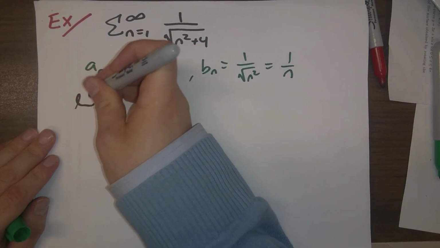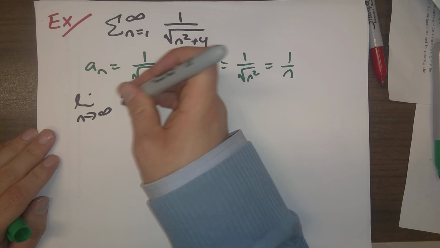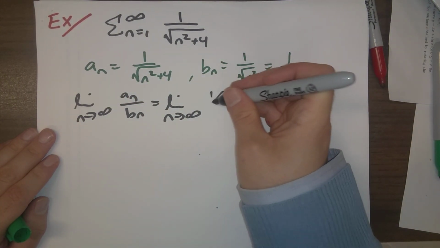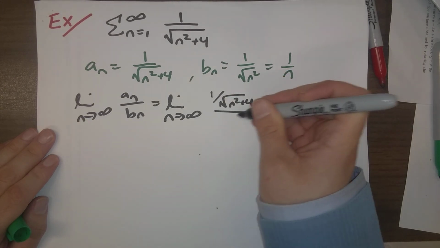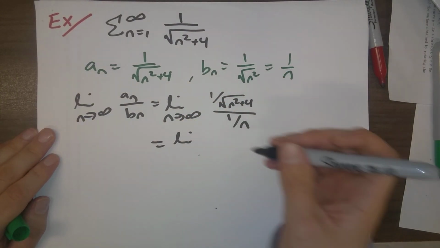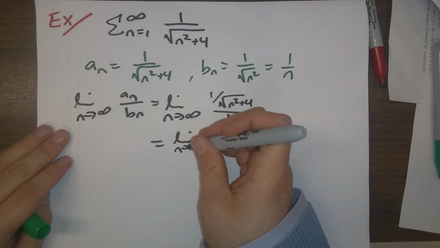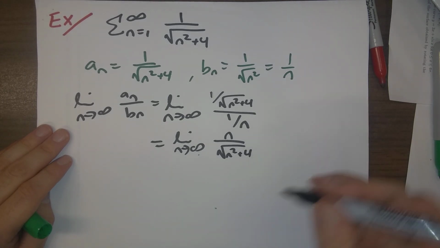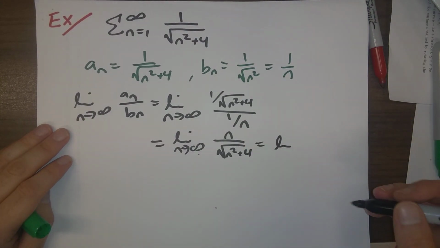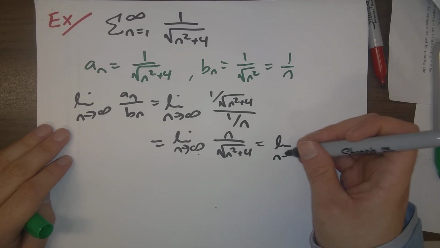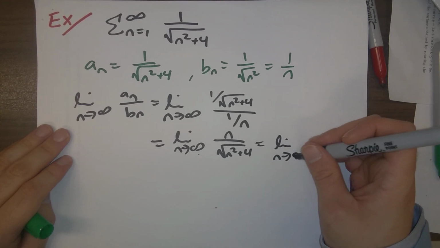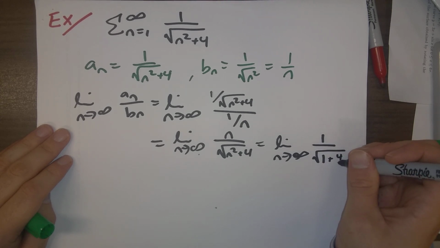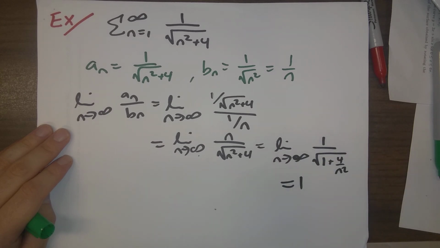So our limit, as n goes to infinity, a_n over b_n, is going to be 1 over the square root of n squared plus 4 over 1 over n. And so the limit as n goes to infinity of n over the square root of n squared plus 4. We divide top and bottom by n. We get the limit as n goes to infinity of 1 over the square root of 1 plus 4 over n squared. And once again, that's 1.